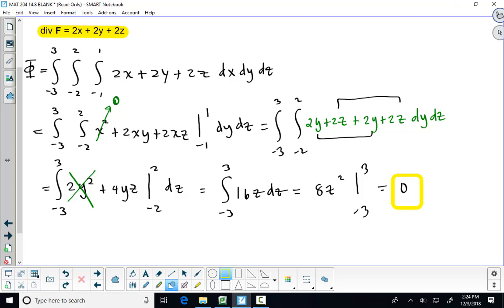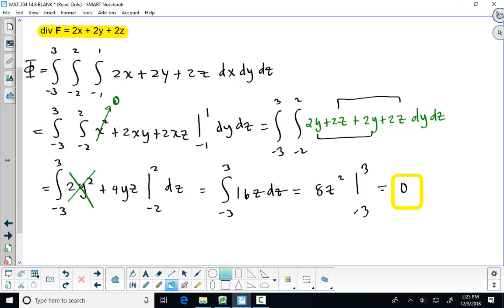The integral adds up all of the little ins and outs to give you a cumulative flow, whether you have a source or a sink or neither. The integral is always adding up all of the individual little pieces. So if you imagine divergence at every little piece defined as leaving or coming, that integral adds all those up and gives you a net flow out, in, or balance. Okay, so that's the triple integral.